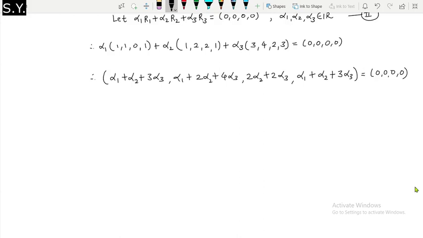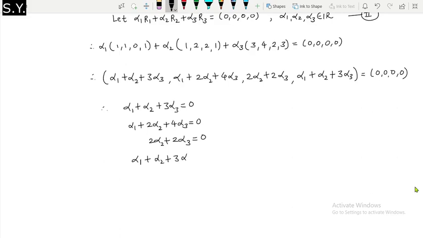Now simply compare. Therefore alpha 1 plus alpha 2 plus 3 alpha 3 is equal to 0, alpha 1 plus 2 alpha 2 plus 4 alpha 3 is equal to 0, 2 alpha 2 plus 2 alpha 3 is equal to 0, and alpha 1 plus alpha 2 plus 3 alpha 3 is equal to 0.